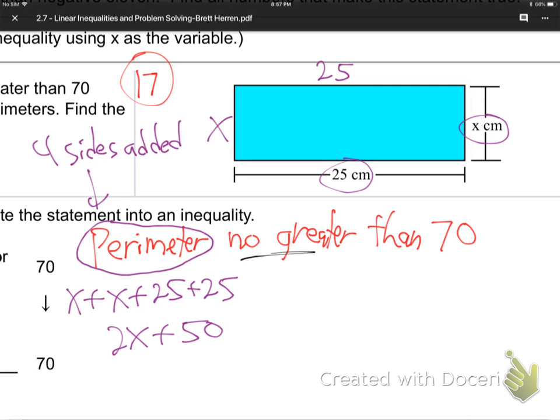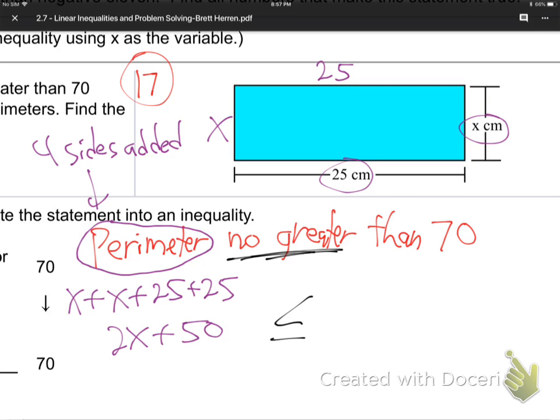No greater. What does that mean? If something's not greater, if it's not bigger, if it's not larger, then it's less or equal. Because if it's not greater, it could be equal or it could be less. Does that make sense?